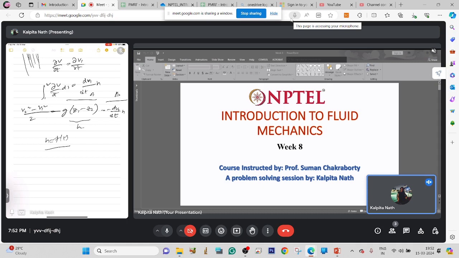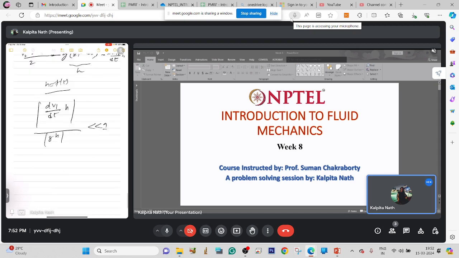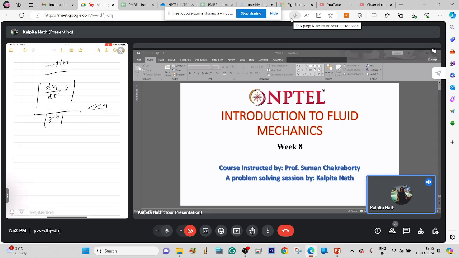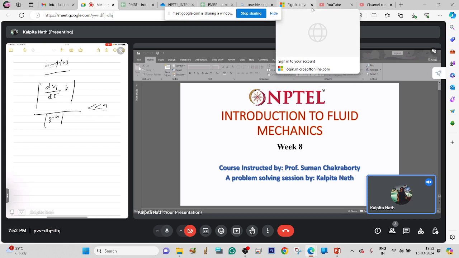Now let's compare the terms A and B. If (dV1/dt)h upon gH is far less than 1, that means B is far less than A, and then we can neglect B. If B is comparable to A, then we need to keep this in differential equation form, which cannot be solved analytically.